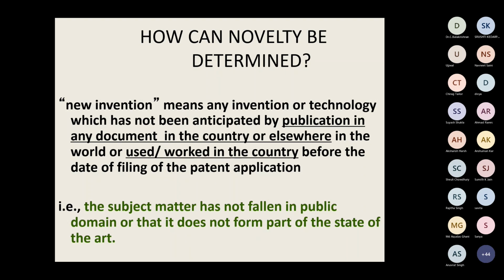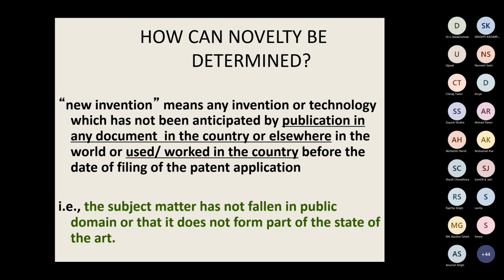So, by now we know what is novel. Novel means new. New means it should not be published and it should not have been used before the date of your filing. That is novel. Now, how to determine if it is novel or not? Because the tests are not that simple.